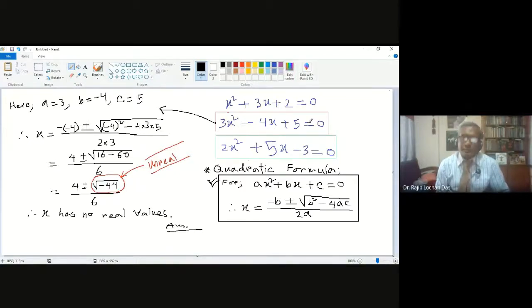And if in the last one, the green one, the middle number is 7, will it be unreal again? Let us check. If the green color equation has 7 in the middle, what will happen in this case?